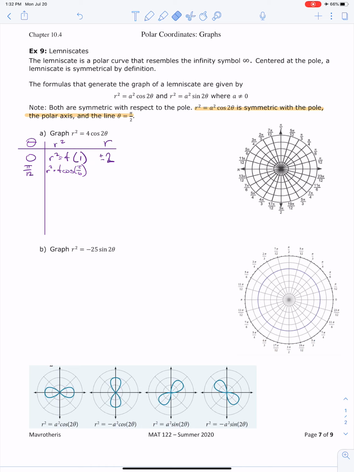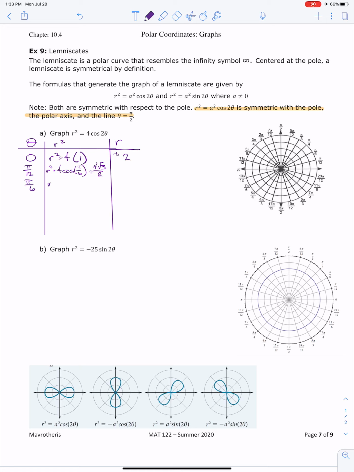I'm going to move this out a little more just so I can keep track of everything. So 4 times square root of 3 over 2, so square root of 2 square roots of 3, which I don't even want to deal with, so I'm just going to leave that one at that point.